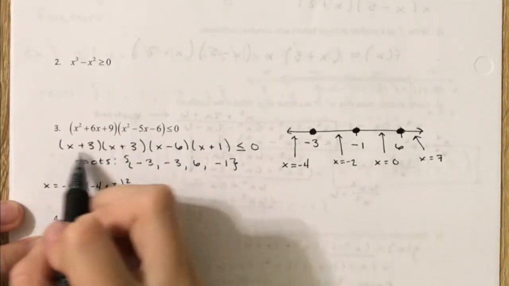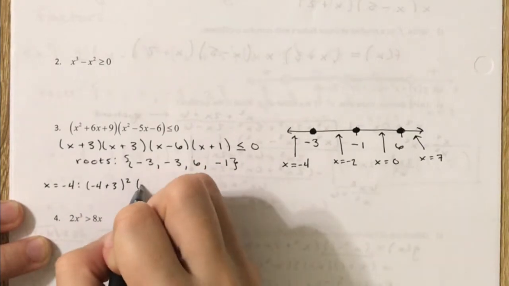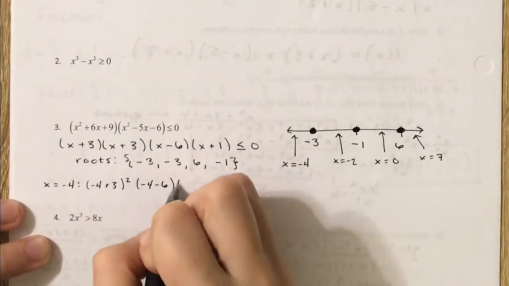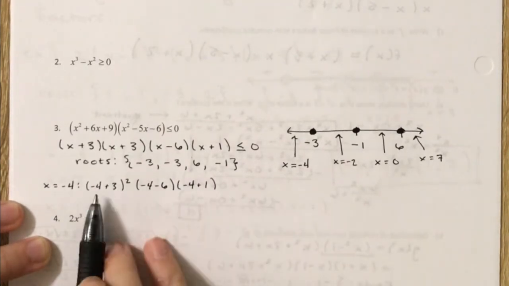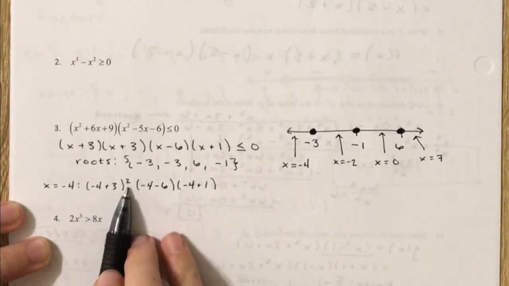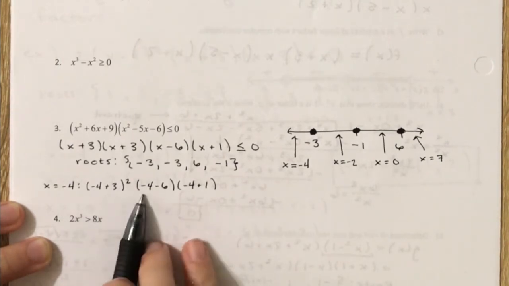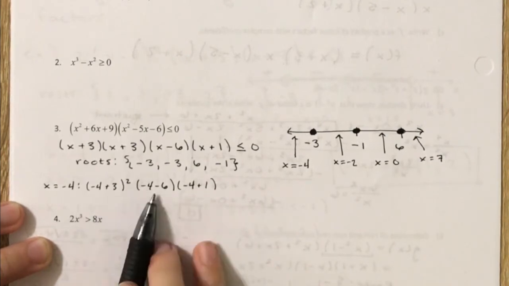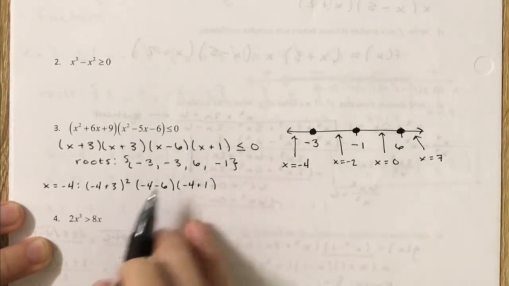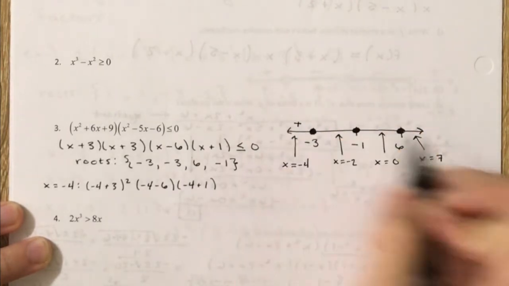I'm going to write that as squared, right, because we have these two. Then negative 4 minus 6, and negative 4 plus 1. So I have a negative number here, but it's squared, so it's positive. Then I have a negative and a negative. So we have positive, negative, negative. Two negatives make a positive.